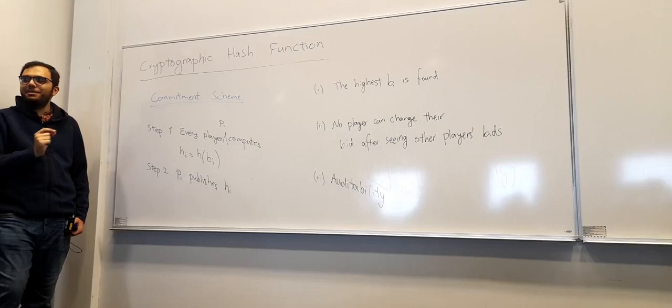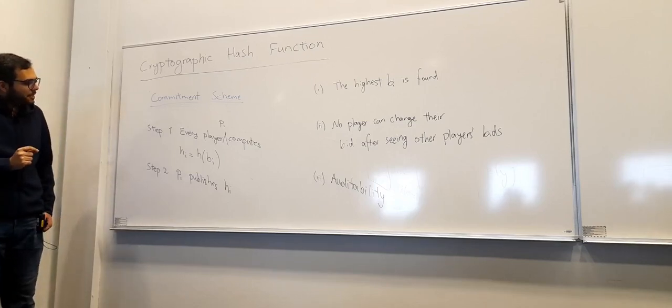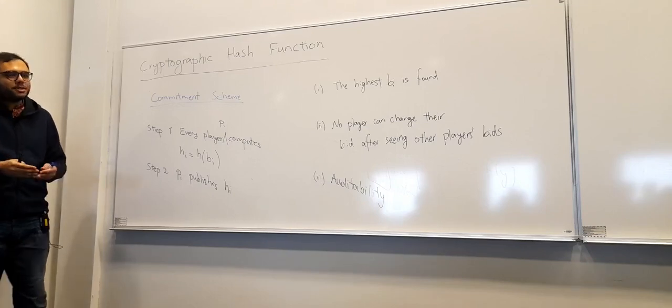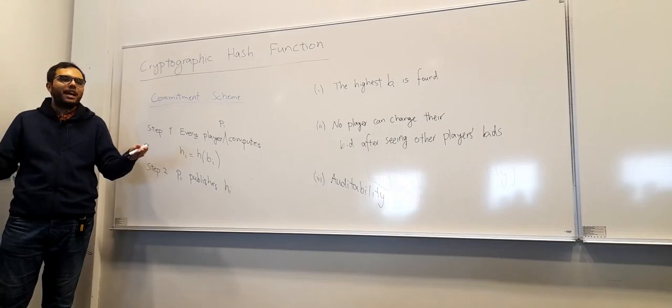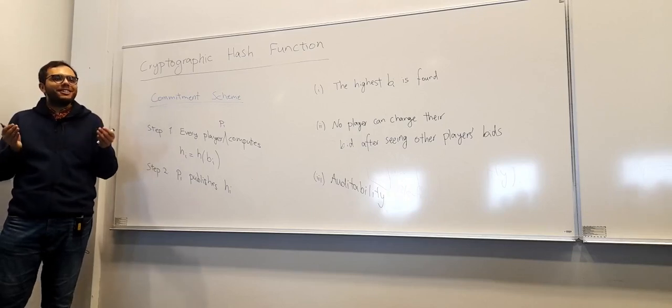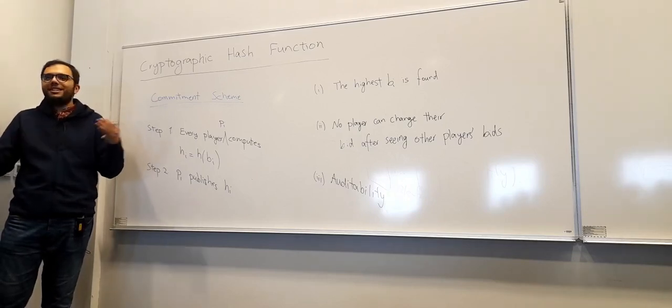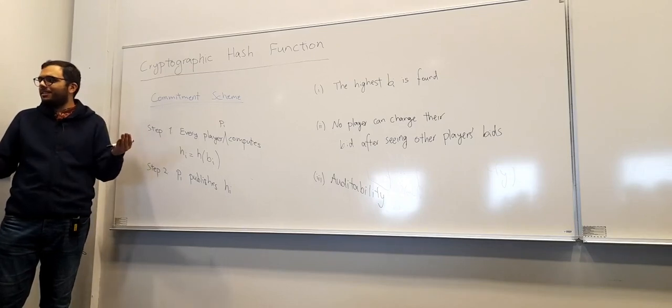And actually, there is a deeper problem that we have to fix as well. The deeper problem is that if I want to sell something, there is usually a very small range of values that people are going to bid, right? So maybe this item is worth, let's say, 100 Hong Kong dollars. Then no one would bid more than 10,000 Hong Kong dollars. So all the bids will be between 0 and 10,000.